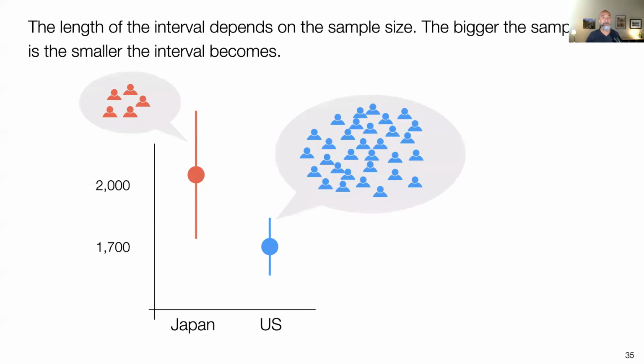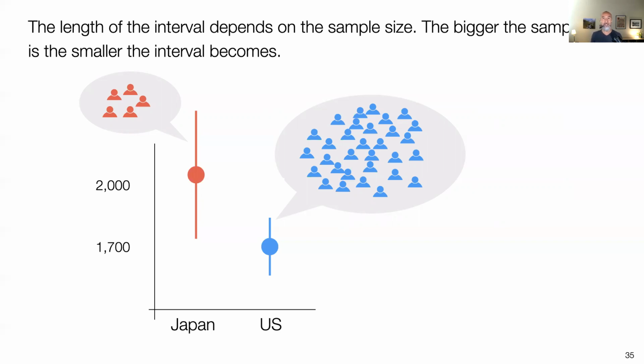How to use it? Going back to Japan and US, we are comparing the average of the sales between these two groups. The confidence interval line, as you saw in the formula, really depends on the sample size. When you have a bigger sample, the confidence interval becomes shorter. The word sample sometimes confuses us, because when you do data analysis, you're not really doing any sampling.